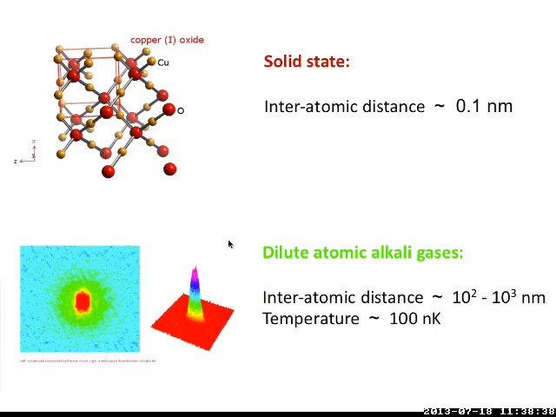Here our elementary objects are the atoms, while in the solid state you are mostly interested in the behavior of electrons, in particular the valence electrons, which move in the electric field created by the ionic crystal.